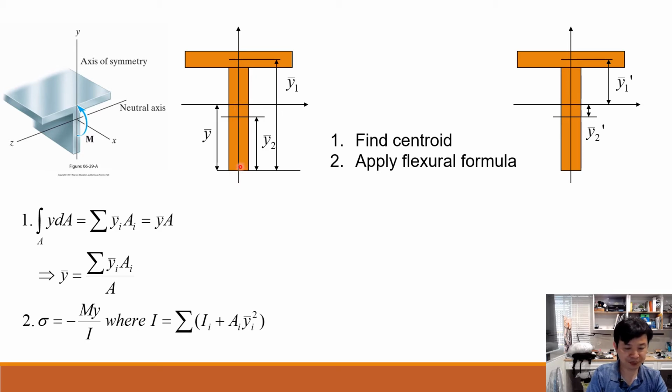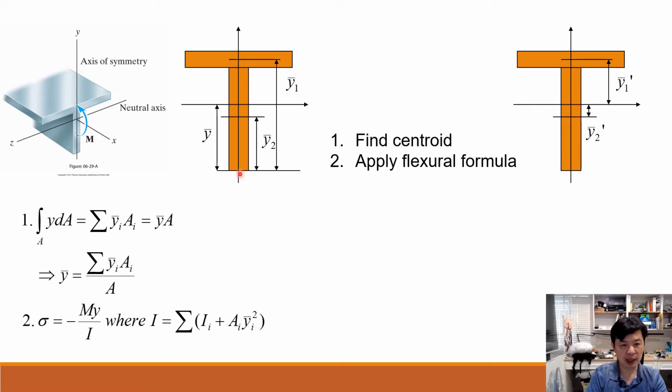Doesn't matter. You can start from an arbitrary location. Usually we select the bottom surface or the top surface. Some people may select the middle surface. Doesn't matter. You just select one point. For example, in this case, the bottom surface over here is our origin.